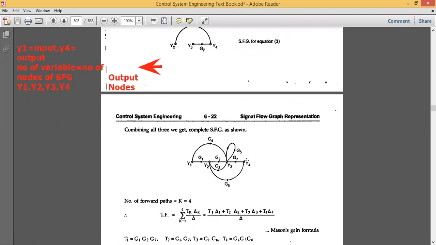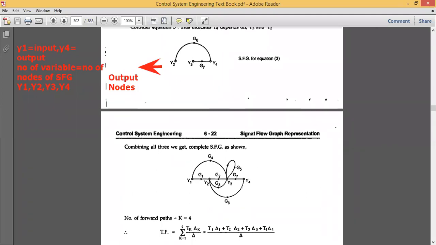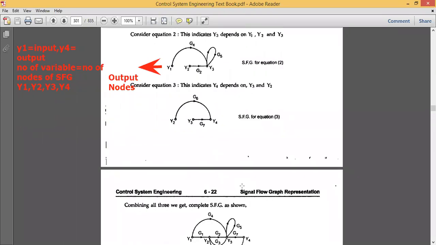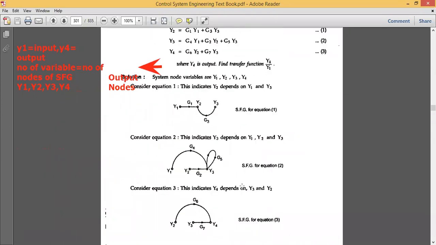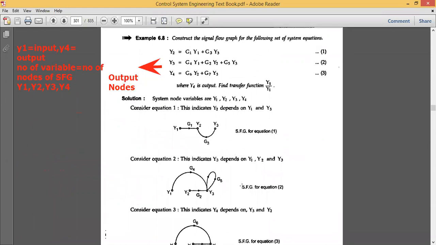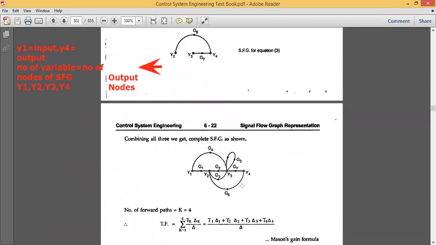Or if you want to draw just one signal flow graph by analyzing all the equations, that is still correct. So we have y1, y2, y3 and y4, and based on the equations we have combined everything together. Now we got the signal flow graph here.